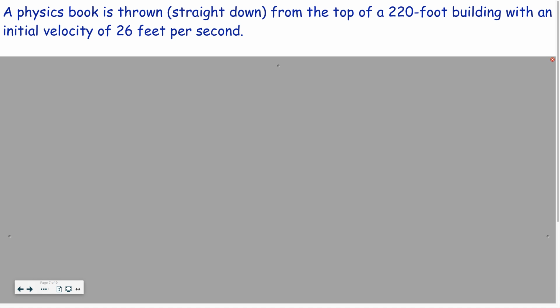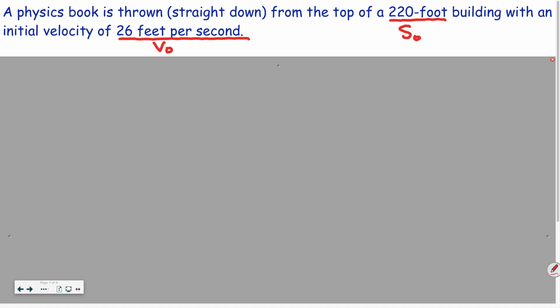So what do we know? 220 feet. What is that? 26 feet per second. Now, let's talk about this though.